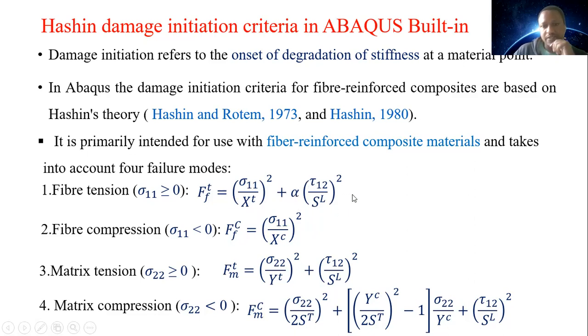And alpha is another parameter, whose value is 0 in the case of 1973 and 1 in the case of 1981. The others are fiber compression, matrix tension, and matrix compression. These 4 are considered in Hashin's criteria. So this is actually the Hashin 2D criteria, and it will extend to the Hashin 3D criteria.